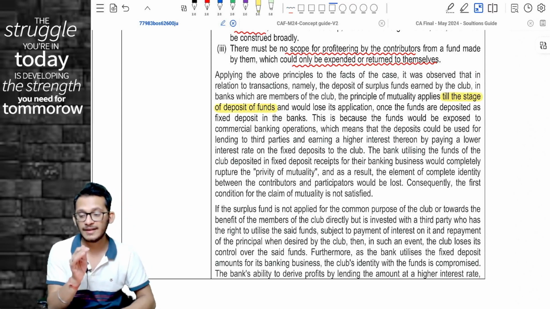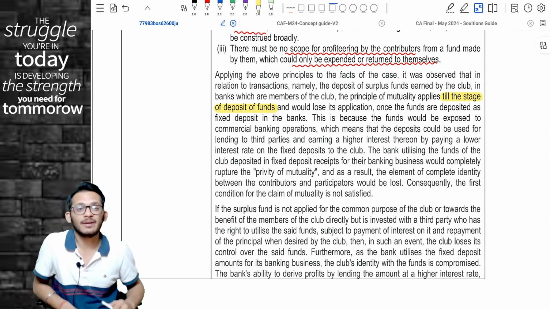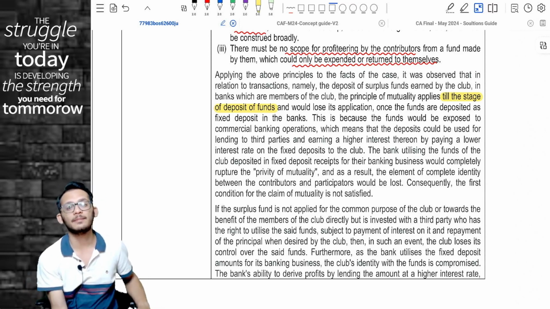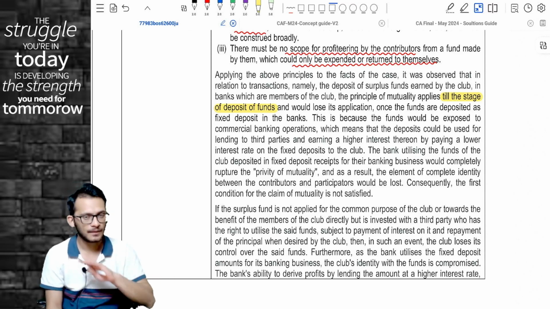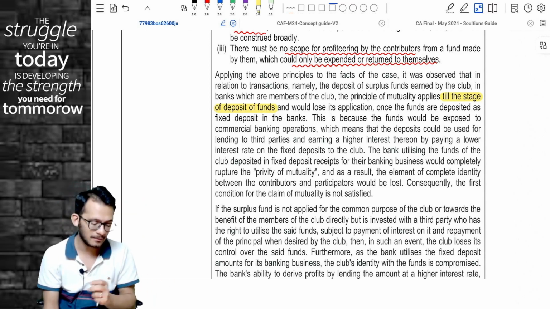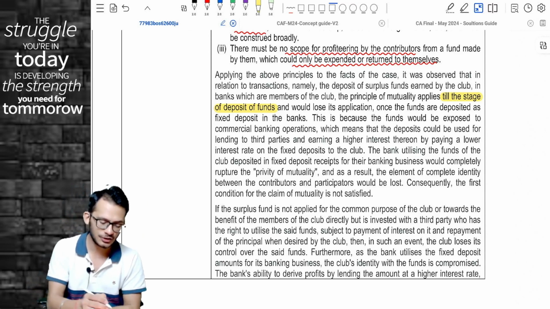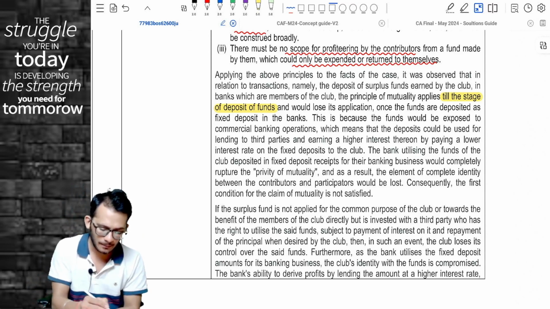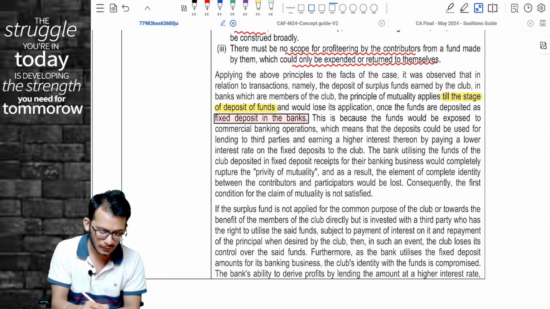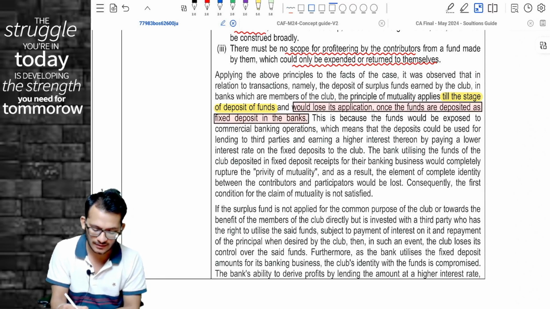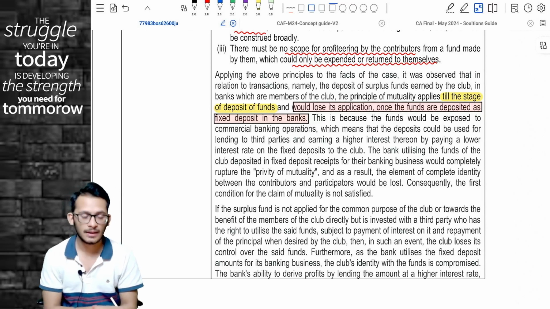Now understand, they're not saying the principle of mutuality is applicable throughout. They're saying the principle of mutuality is only applicable till the date on which you deposit this money. It stops on the date on which the deposit happens, and would lose its application once the funds are deposited as fixed deposits in banks.